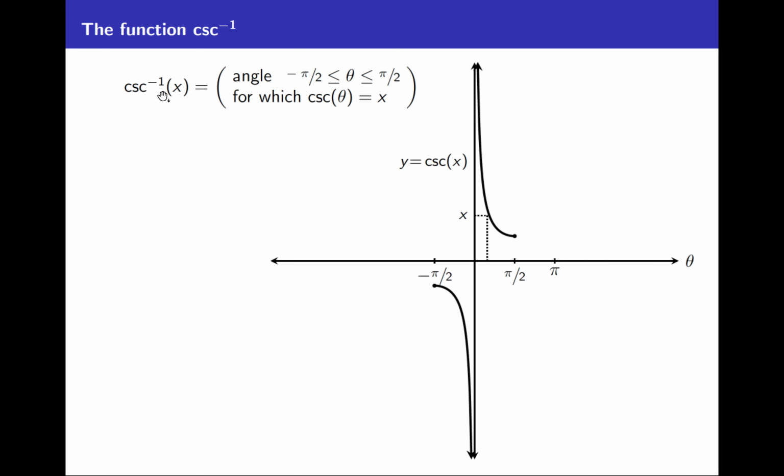So literally, cosecant inverse of x is defined to be the angle theta between negative pi over 2 and pi over 2, for which cosecant theta is x. And from that definition, you could work out lots of cosecant inverse of x values. But again, for this function, we're going to be kind of brief in lecture.